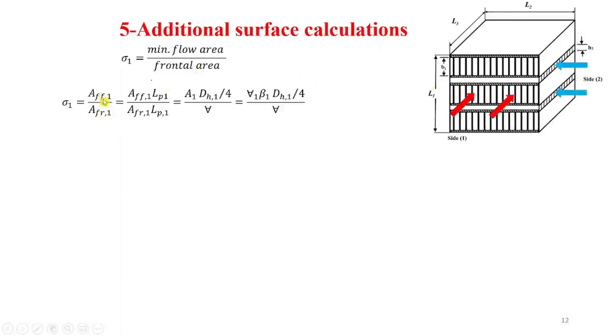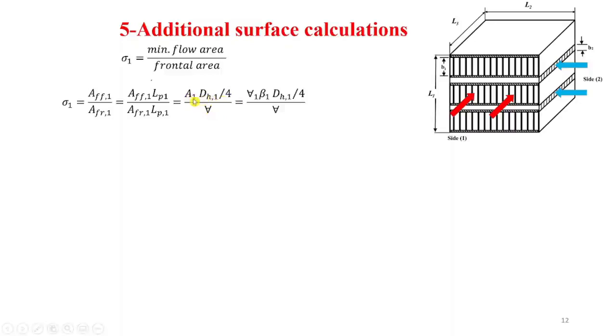we can write it for side 1 as AFF1 divided by frontal area 1, multiplying both numerator and denominator by L. You get the volume here, and here you get A times DH1 divided by 4.